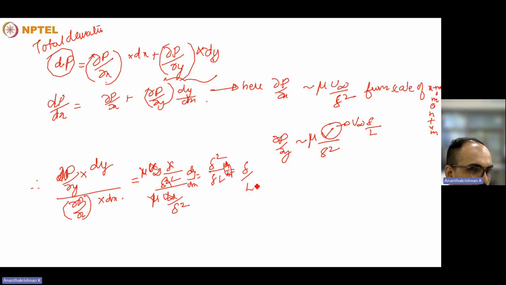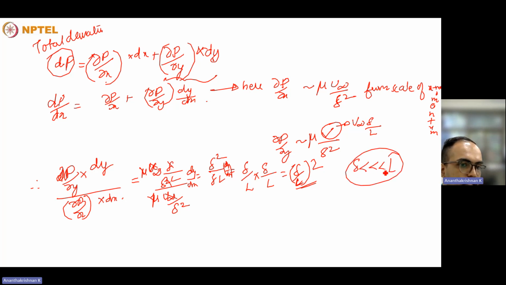That is delta by L into delta, dy will be delta and dx will be L. So ∂p/∂y into dy divided by ∂p/∂x into dx will be scaled as delta divided by L. For boundary layer theory to be valid, the slenderness ratio should be considered, that is delta is very much less than L. That is part of the boundary layer theory.